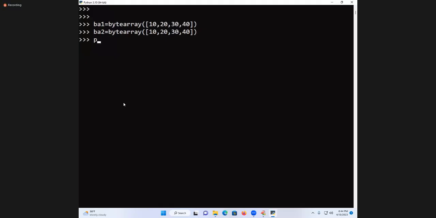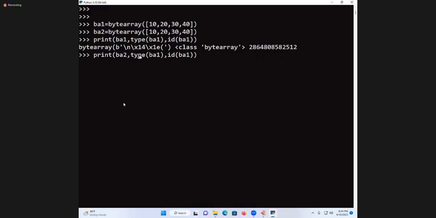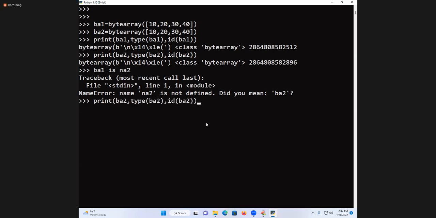Print BA1, type of BA1, ID of BA1. Then BA2, type of BA2, ID of BA2. So got it, this type has a different address. Same thing. BA1 is BA2. What is the answer? False.